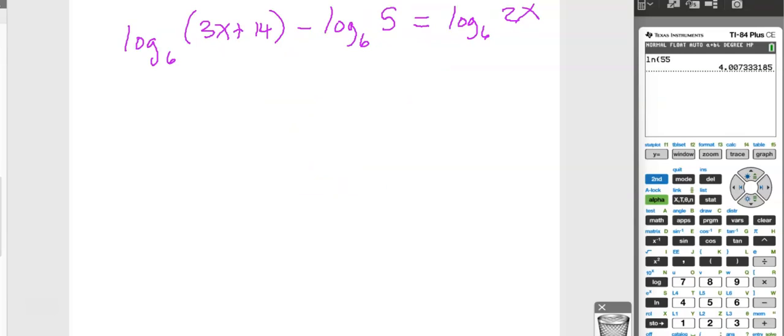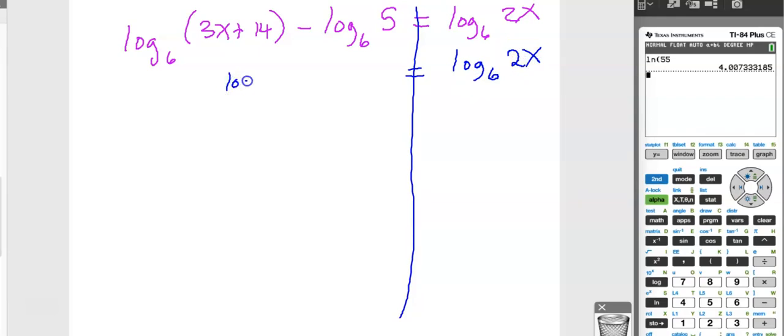Now, on this one, you're going to have to think about what all of this means. So notice the left side of the equation. So here's the left and the right side. The right side, I'm just going to leave alone for right now. The left side, notice it's the subtraction of two logarithms. Well, I'm going to condense that to one logarithm. Remember, the subtraction of two logarithms is the same thing as the division of one.